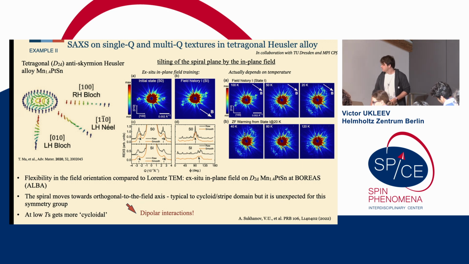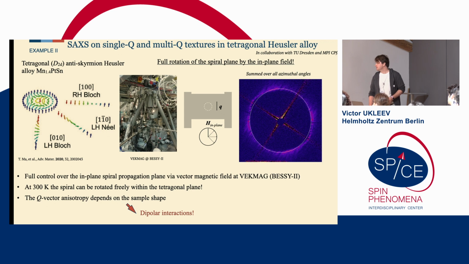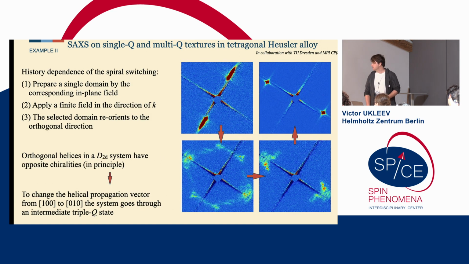This is very strange, and it is not actually supported by the symmetry of the system, which clearly defines helical and cycloidal states here. If we do the full vector field analysis, we again see that we can fully control the propagation vector of the spiral within the tetragonal plane, and that's definitely not something the symmetry of the system would allow us to do. So we can conclude that the dipolar interactions are actually dominating the spiral system in this material instead of the Dzyaloshinskii-Moriya interaction.